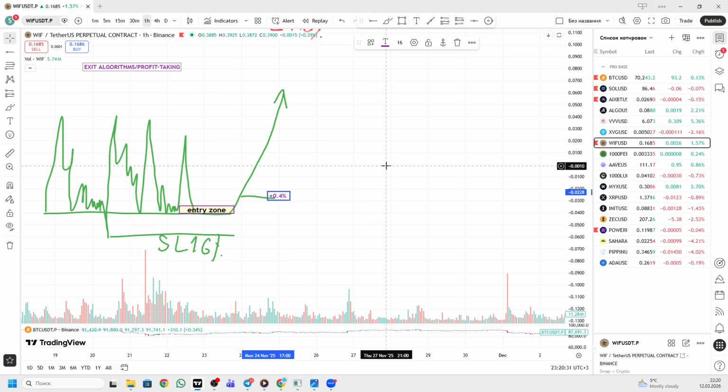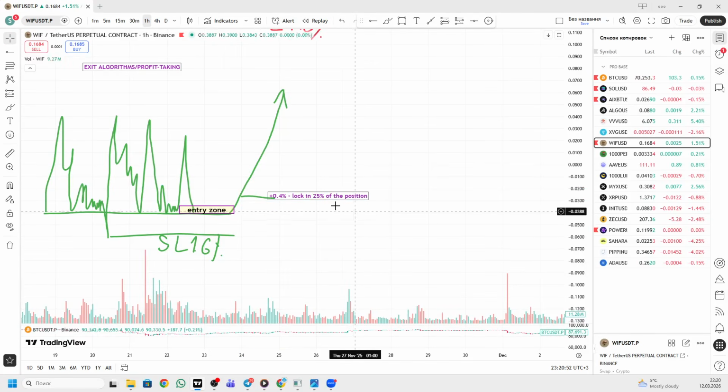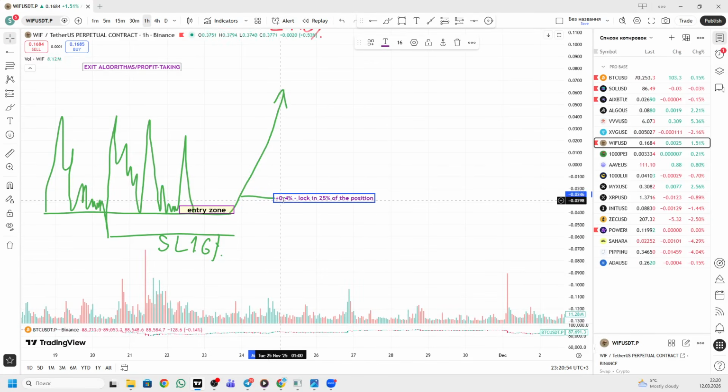What you do, you lock in 25% of the position. This is important. Let's write it. Lock in 25% of the position when it reaches plus 0.4.